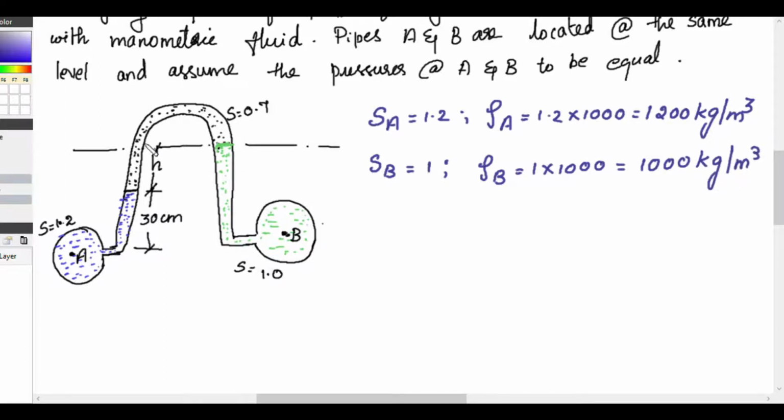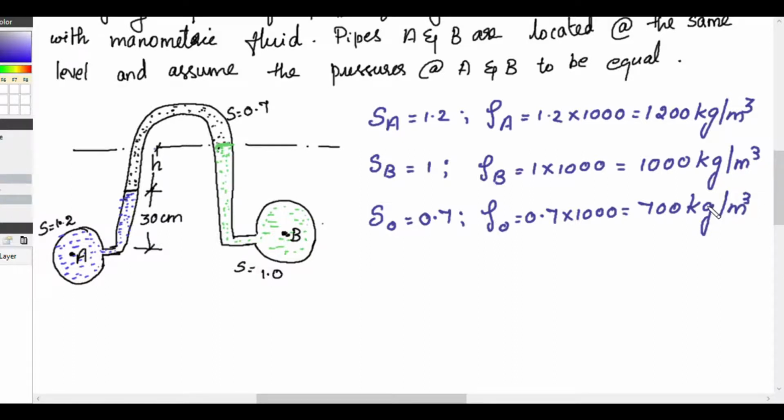Now, the manometric liquid here is oil. The specific gravity of oil is 0.7, so the density of oil is 0.7 into 1000, we get 700 kilogram per meter cube.